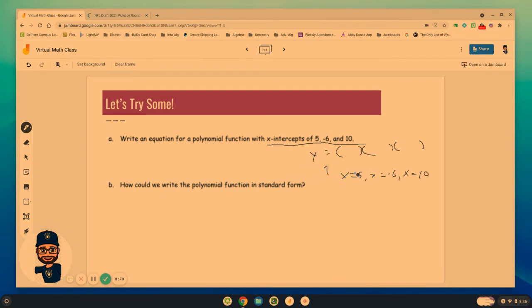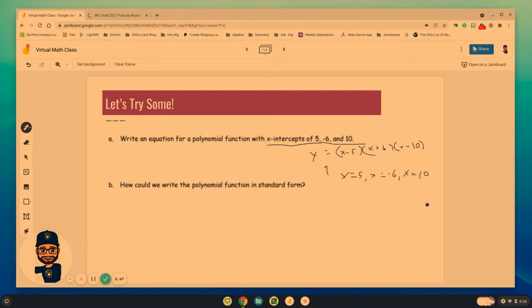Well, if x equals 5 is the answer, that means we had x minus 5 here, right? Because I have to get adding 5 to both sides. Here, if negative 6 is the answer, that means we had x plus 6. And in our last one, if 10 is the answer, well, that means we had x minus 10 to solve it to get x equals 10.